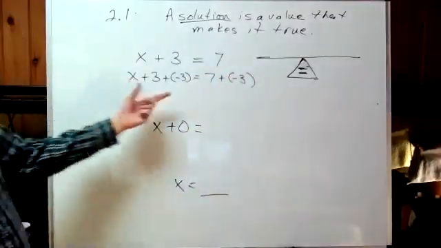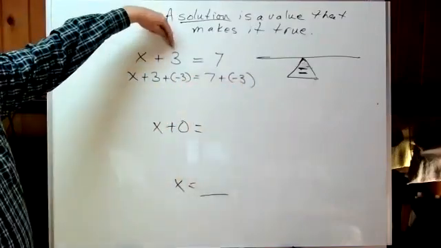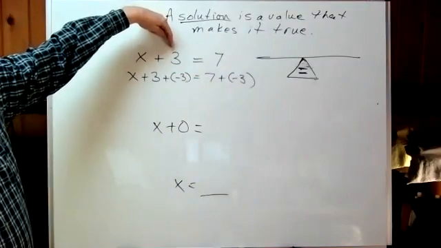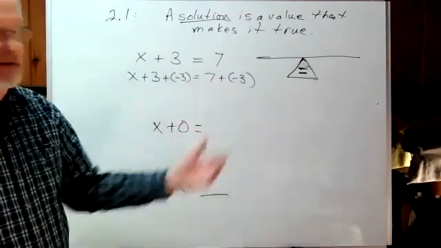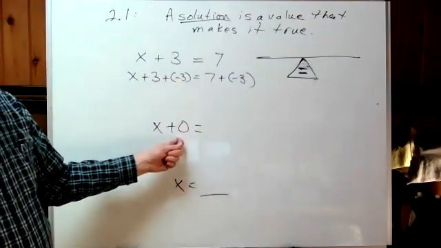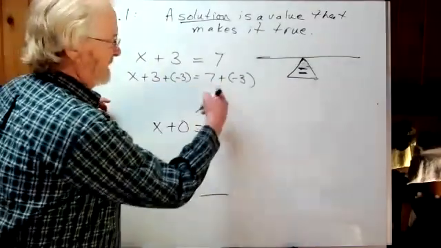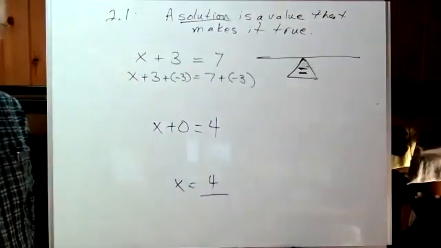So here, I added to both sides, which makes it legal, I added the opposite of 3. I added the inverse of 3 to both sides. Now it's still balanced. If I put those 3 together, they're inverses, I get the 0. Over here, 7 plus a negative 3 is a 4, and that means I know x equals 4.